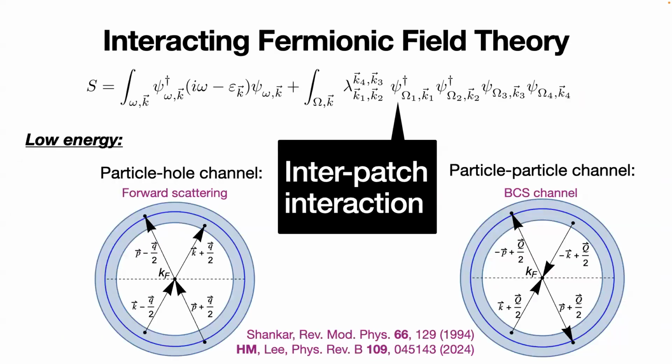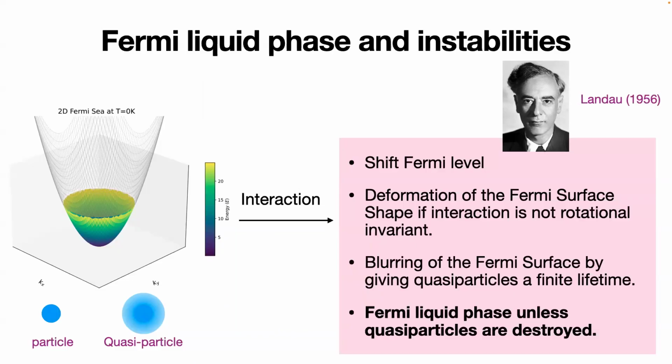Usually people say that even with a finite lifetime for the quasi-particles, there is a sharp Fermi surface, right? Yes, this is just a convention. That's true, and that depends on the interaction strength.